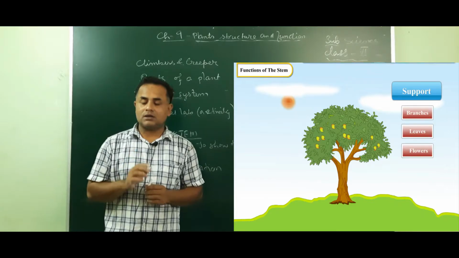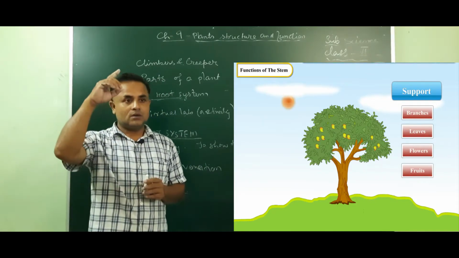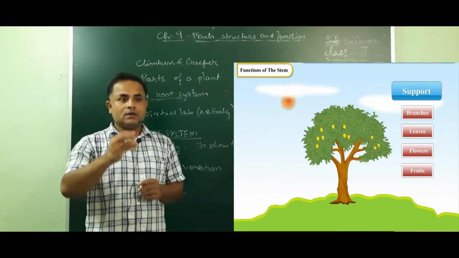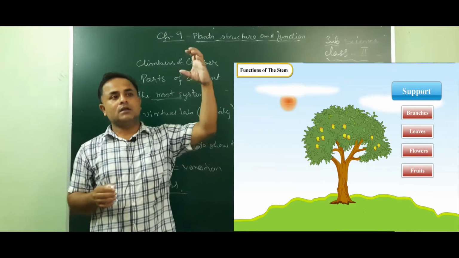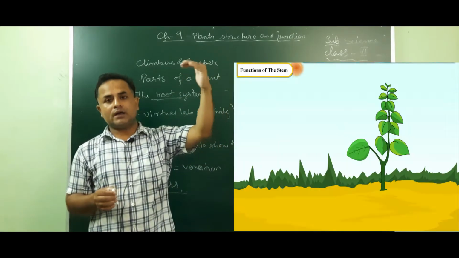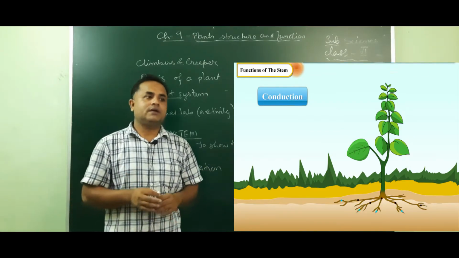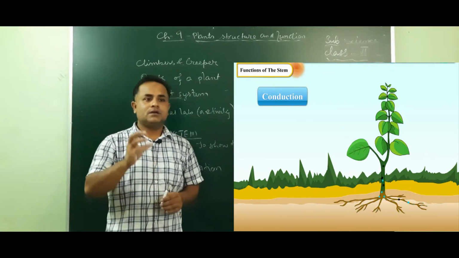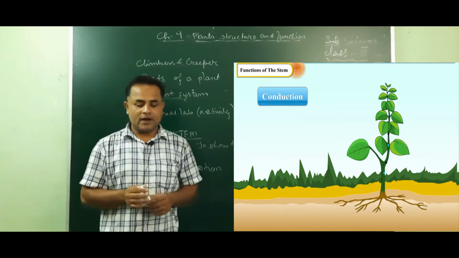It transports water and food between the roots and the rest of the plant. Again, the food which is prepared in the leaves is transported back to different parts of the plant. This is done by the special channels called xylem and phloem.